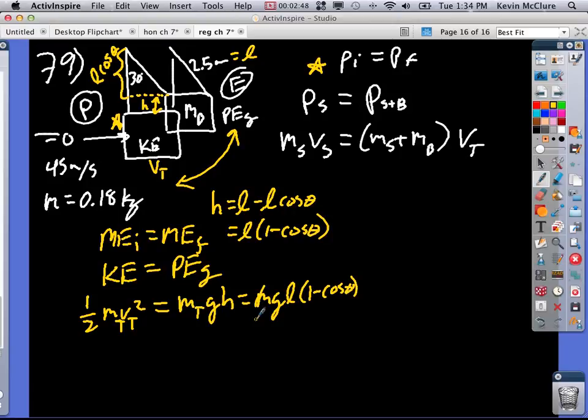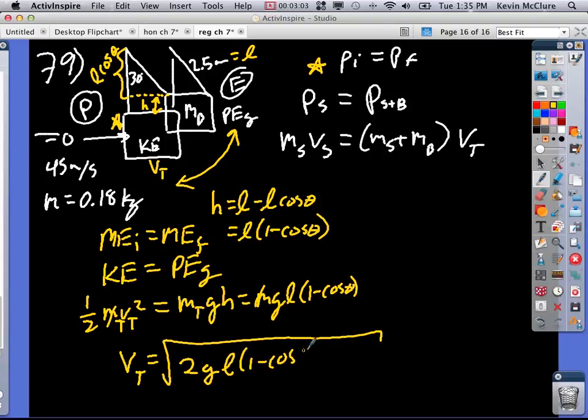So our m's cancel all the way through, and our Vt is equal to the square root of 2gL times 1 minus cosine theta. So this is going to give us our Vt. We can go back over here and solve this for Mb.